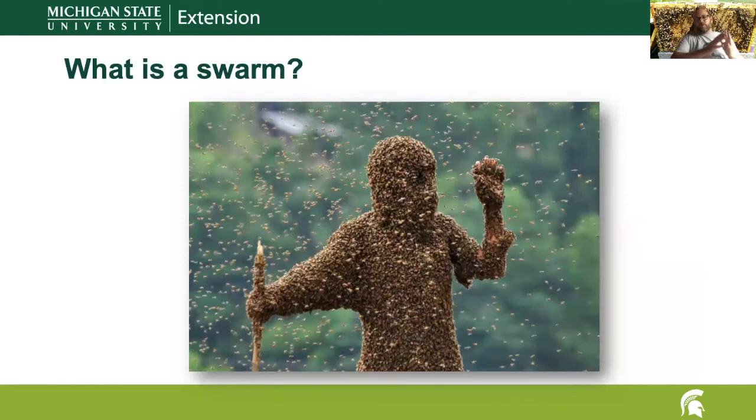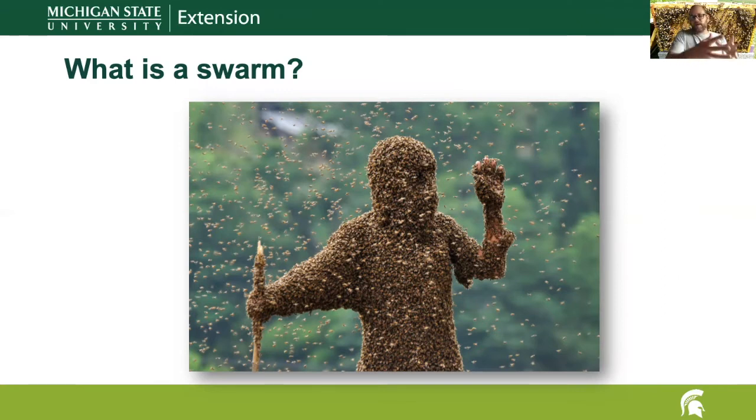So the first topic we're going to jump into in today's lecture is swarming. I'm sure most of you are familiar with the concept of swarming in the sense that a bunch of bees will periodically be found on a tree or in the corner of your house or maybe in the wall of your neighbor's house or even on your neighbor in this situation. But what we're observing in these situations is the old queen from a colony has left with a good chunk, almost a majority of the workers and drones to establish a new colony.